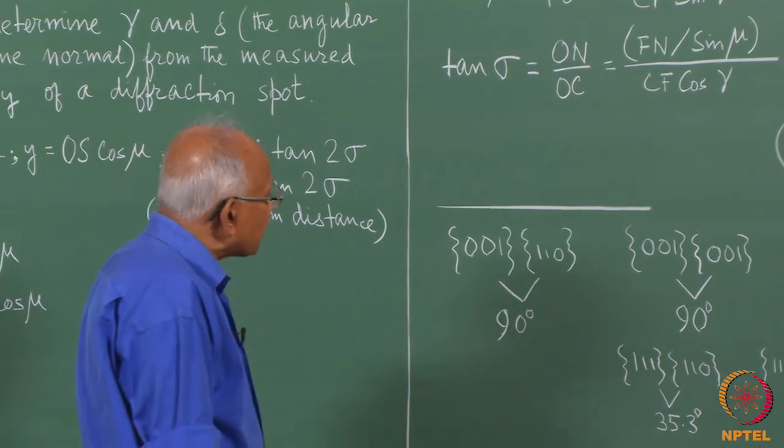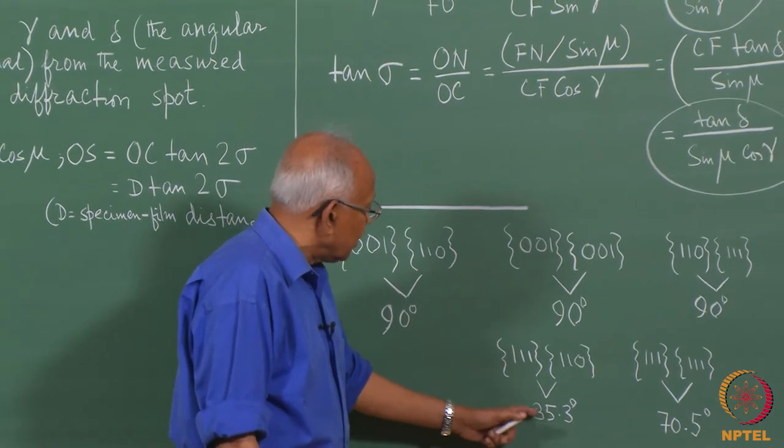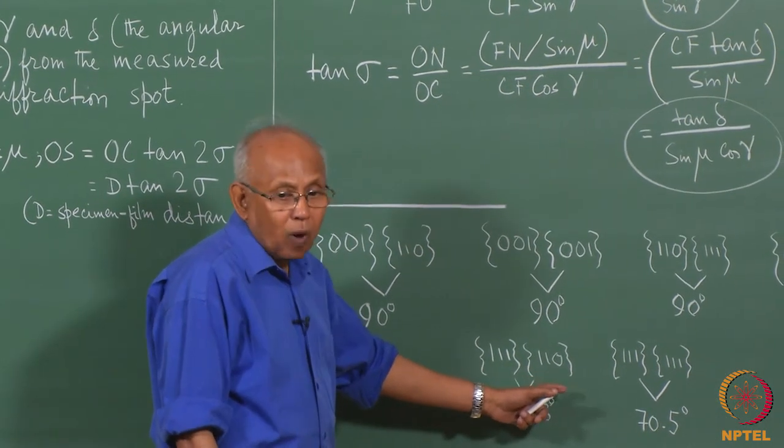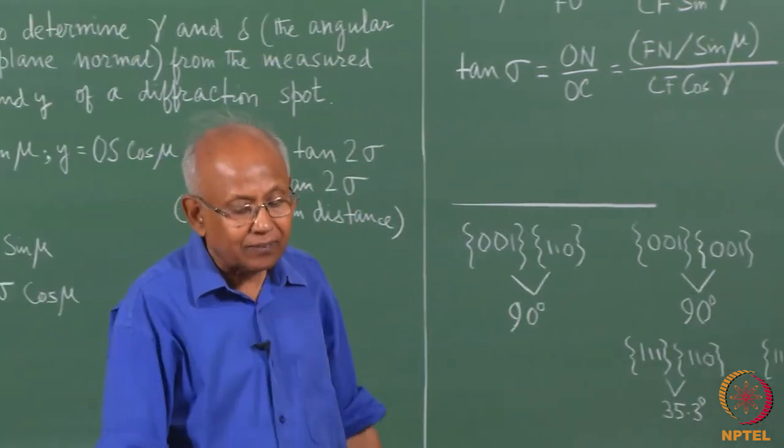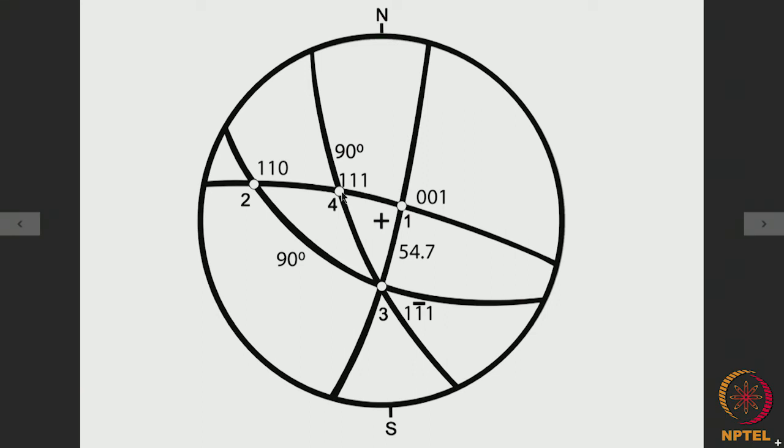But you see, 35.3 degree is the angle between a 111 and a 110 plane. So, naturally it automatically tells us that this must be a 111 plane.